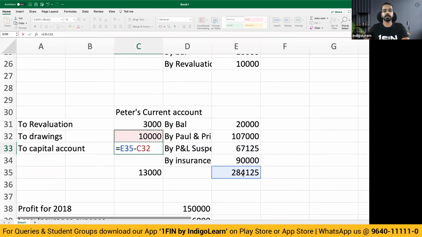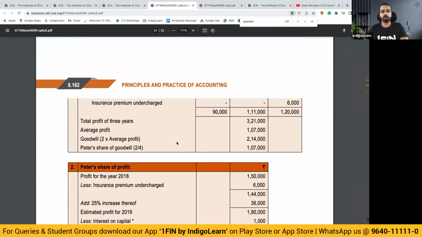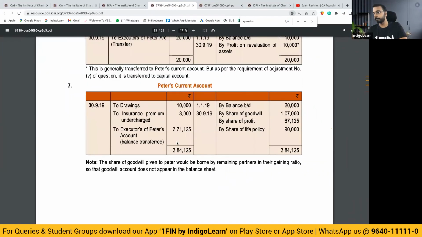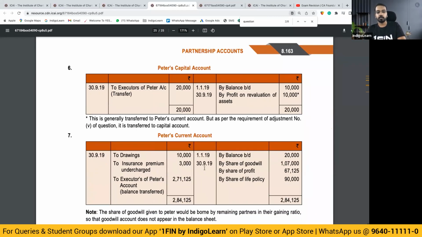Minus 10, minus 3. So 271,125 is transferred to capital account. Let us see if we did it rightly or not. 271,125. So this is done correctly.